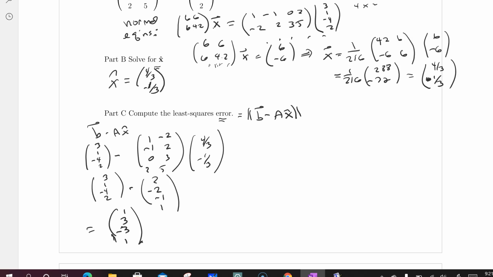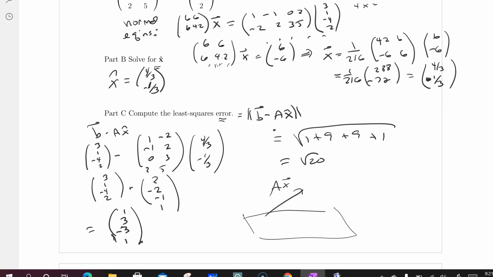The length of this vector is my least squares error. That's the square root of 1 plus 9 plus 9 plus 1, which is 10 plus 10, root 20. Let me remind you: here's my b up here that is not in the solution set.